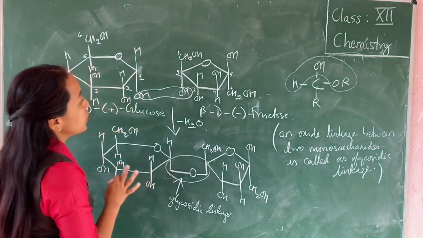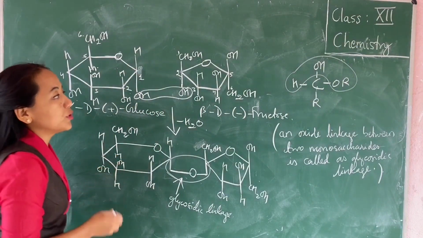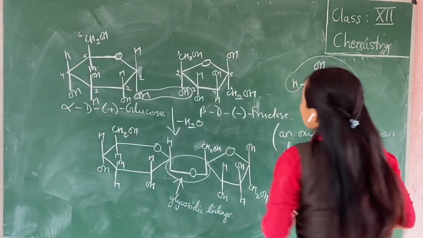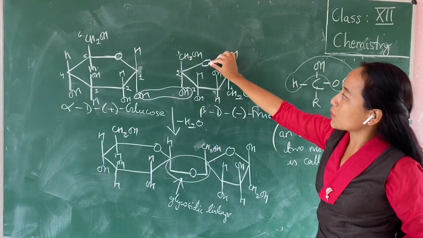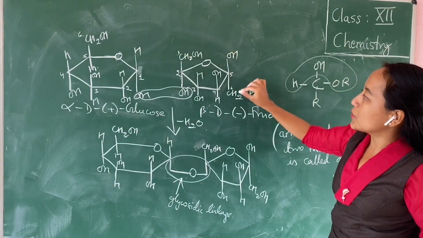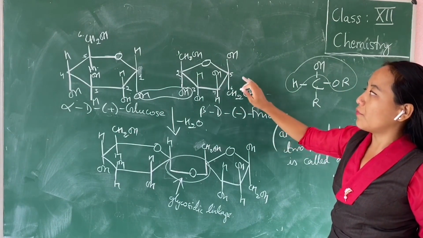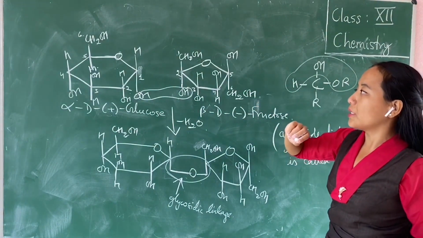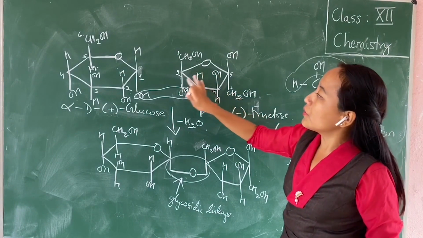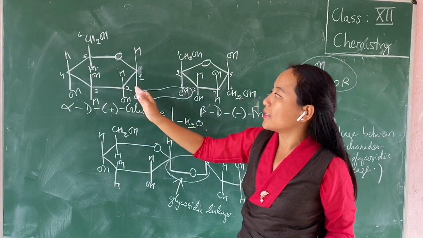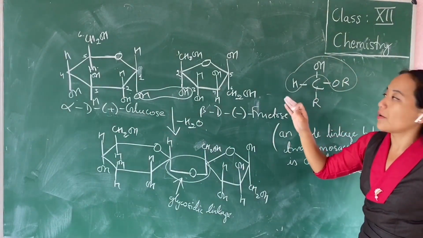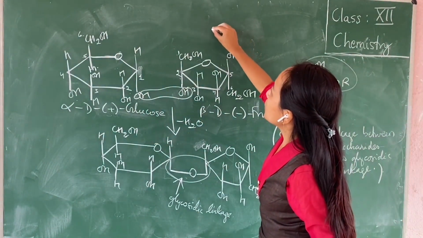Now in this case, you have to look for any carbon atom which bears these groups. So let us look at this carbon first. It has OH, it has OR, but it does not have a hydrogen atom, therefore this is not a reducing sugar. Similarly, on all the other carbon atoms, wherever you look, you will find that it does not carry all these groups, therefore sucrose is a non-reducing sugar.